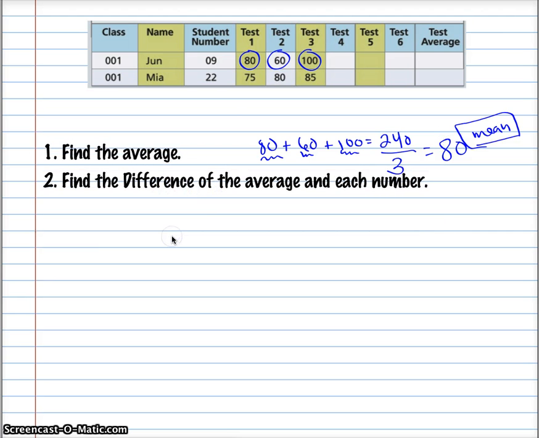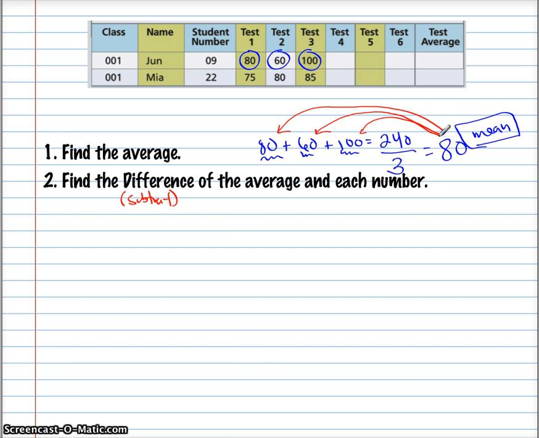Difference means subtraction. So I'm going to subtract. I'm going to subtract 80 minus every number. 80 minus 80, 80 minus 60, and then 80 minus 100.